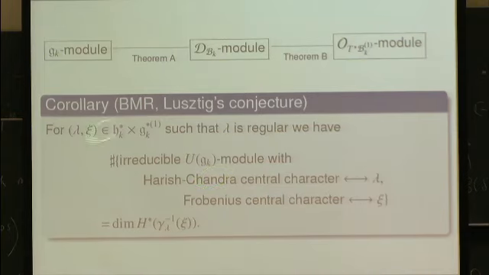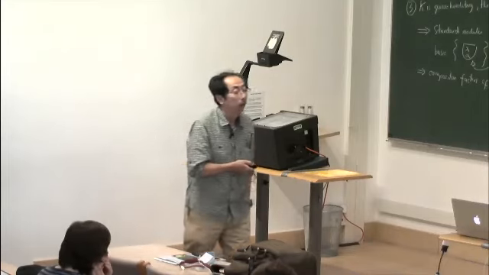So specifying lambda and Xi, the number of irreducible modules with specified central character lambda Xi is equal to the dimension of the cohomology ring of the inverse image of the moment map, a kind of Springer fiber. So this is the main point of Bezrukavnikov-Mirkovic-Rumynin.